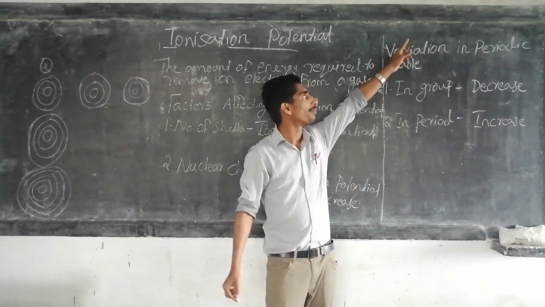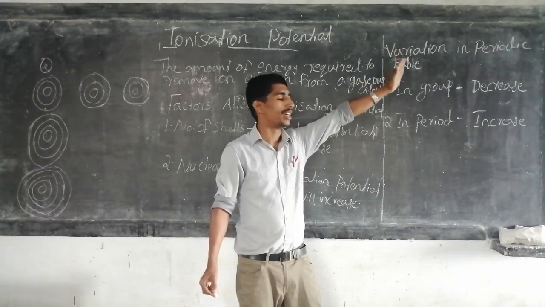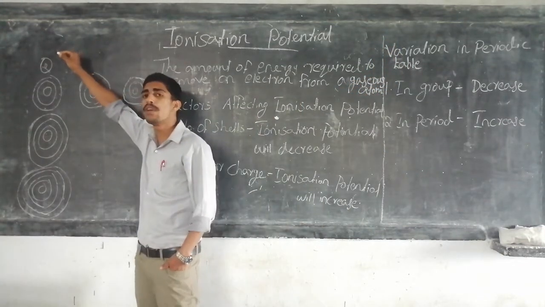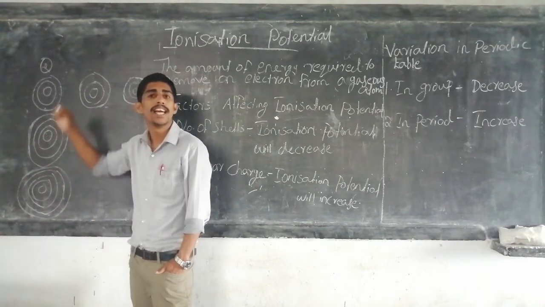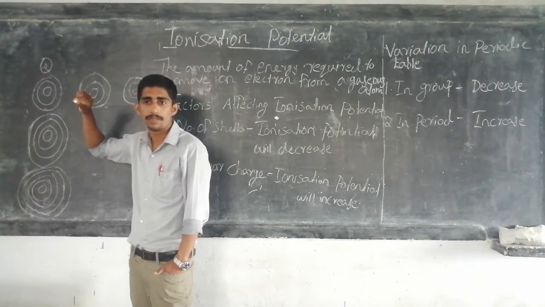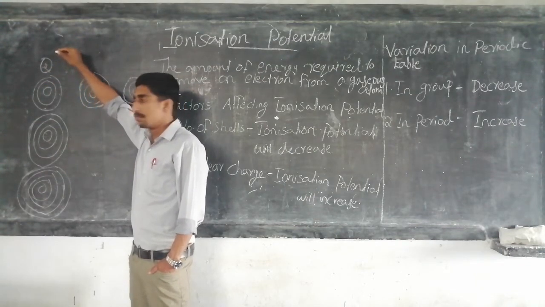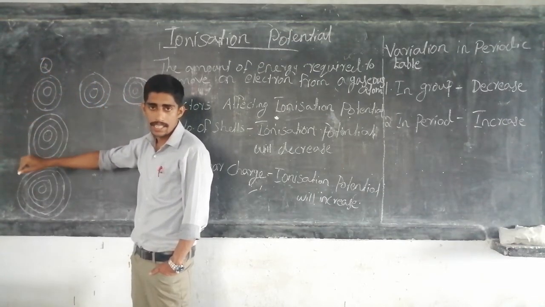Then the second one, variation of ionization potential in the periodic table. Suppose you are taking a group. In a group, as we move from top to bottom, ionization potential will decrease. Why? Because as we know, the number of shells is increasing.